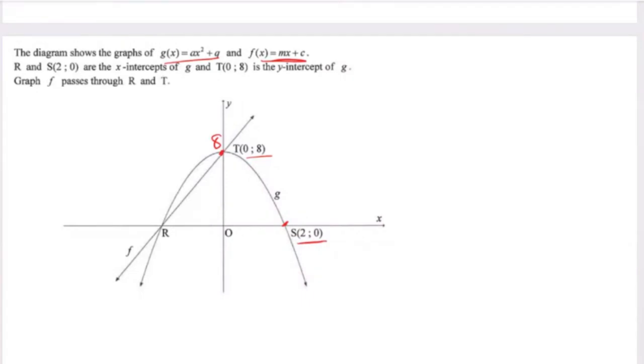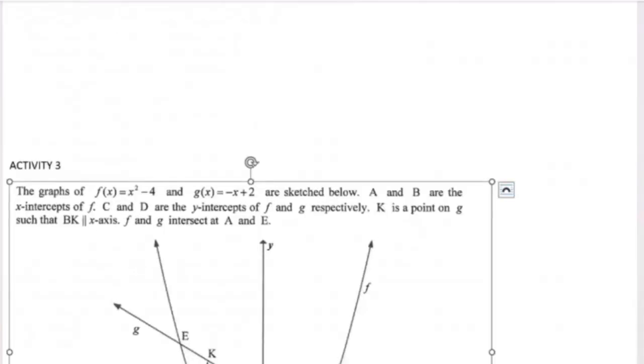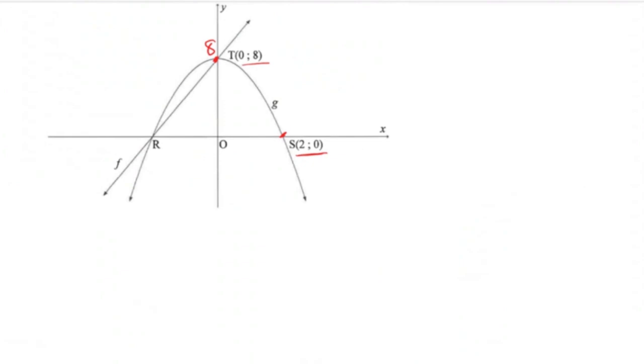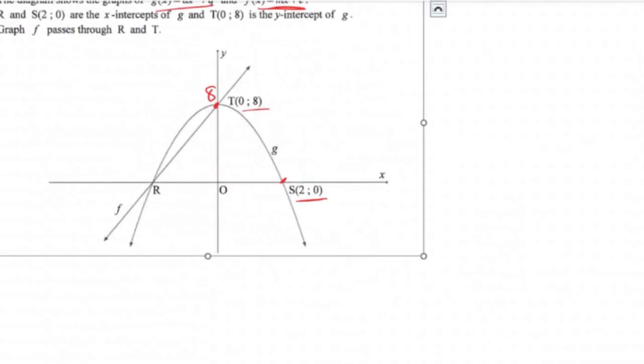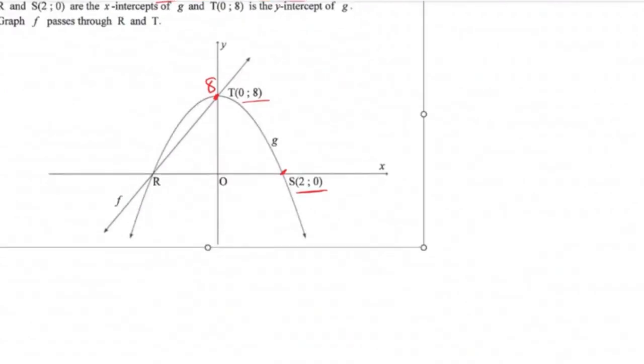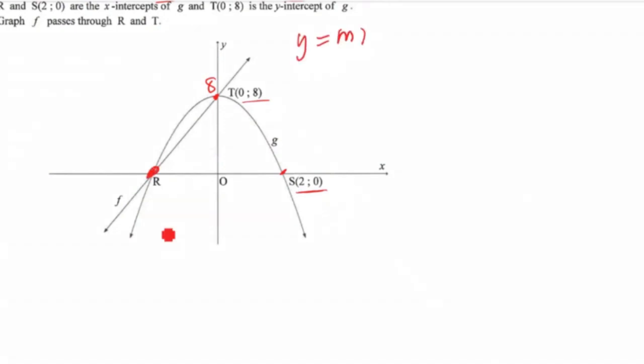Maybe a question can say, what is an equation of your linear equation? We can find this equation. You've got your x-intercept, but now you don't have this one, so you'll be stuck here if ever you are starting with y is equal to mx plus c.